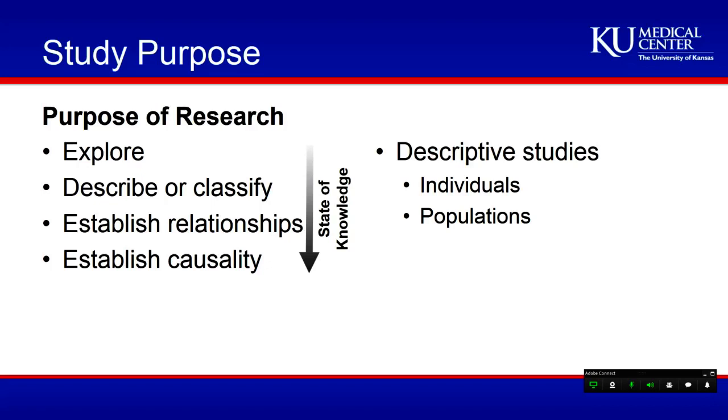Or should I be doing something smaller? Should I be doing a phase 2 if there have been a lot of other phase 2 that have been done? Should I try to find a way, either through some kind of collaboration, to do something larger, more confirmatory? So understanding where the current state of knowledge is will tell you what you should be trying to do with your research question.